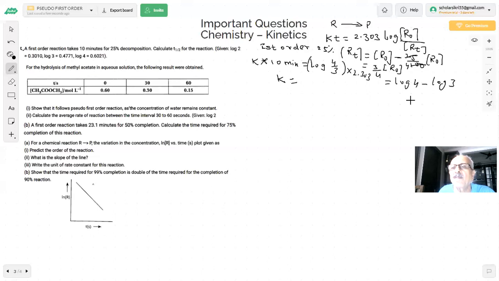And what is the formula for the half-life of a first order reaction? T half is equal to 0.693 by k, which we derived for the first order reaction. So we can get the half-life by dividing 0.693 by k.